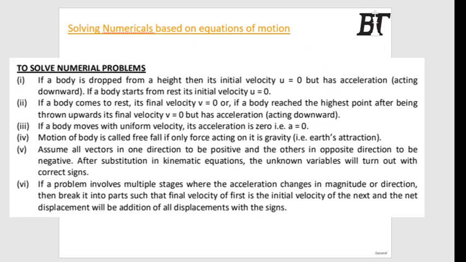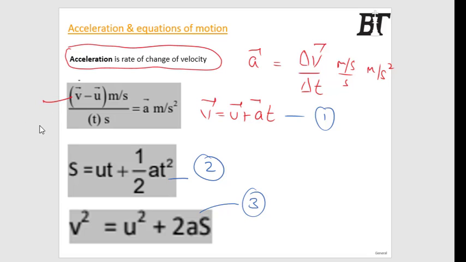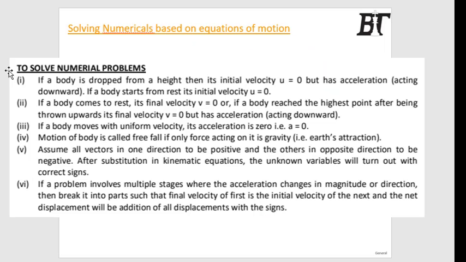Now all these equations would be applied in numericals. So here are a few tips regarding how to solve numericals. I know all of you would be knowing how to solve, but let us do a brief recap. So we know that if a body starts from rest, then its initial velocity is taken as 0. But its acceleration would not be 0, है ना?